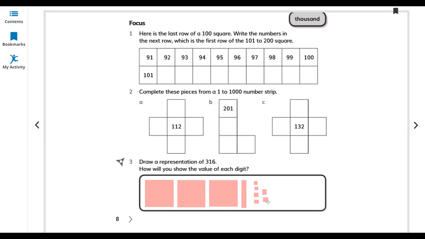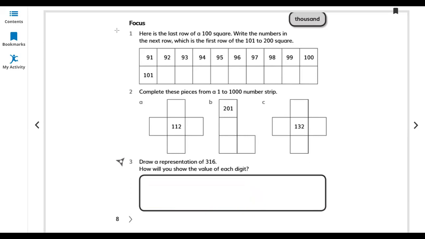How will you show the value of each digit? This one cube, or you can say square, equals 100: 100, 200, 300. This bar equals 10, so 310, and plus 6: 11, 12, 13, 14, 15, 16. So hundreds, tens, and ones: 316.